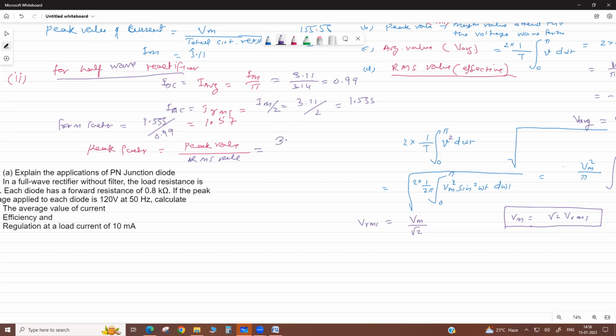IM, that is 3.11, divided by the RMS value, which here is 1.555. This factor we have already calculated.